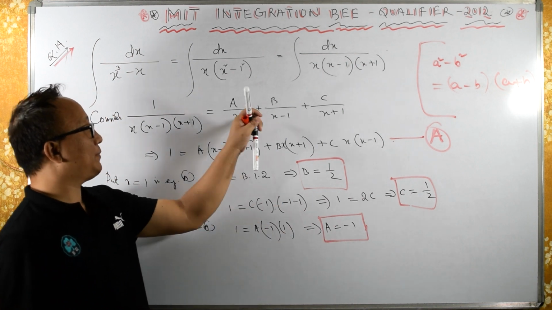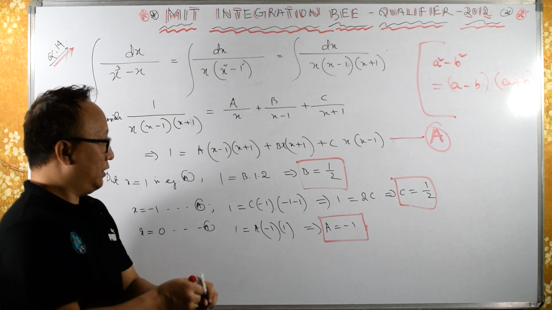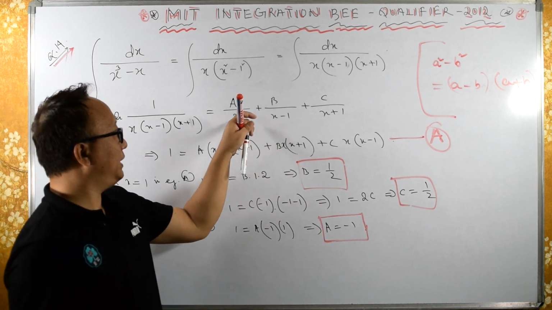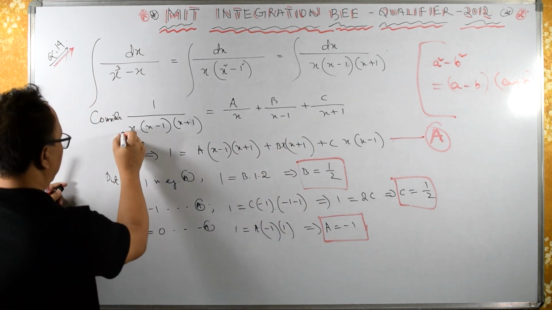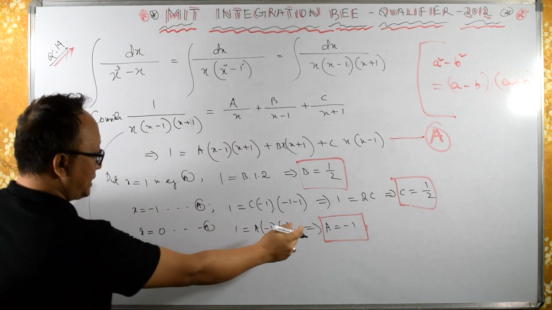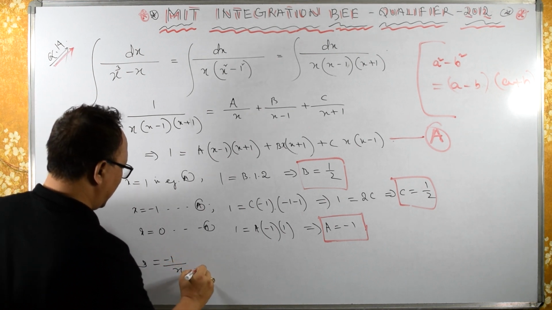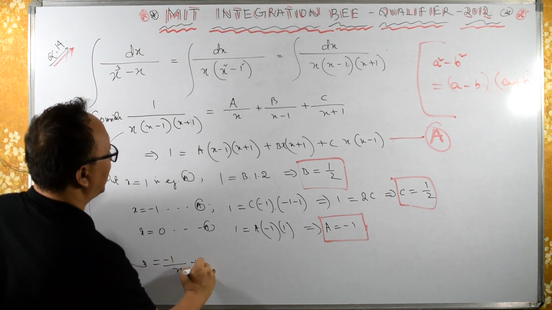So we have the values of A, B and C. Let's substitute these values here and then integrate. If I substitute all of A, B, C in this equation, then we get A upon x. What is A? A is minus 1 upon x, plus what is B?